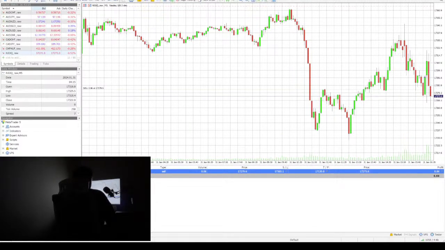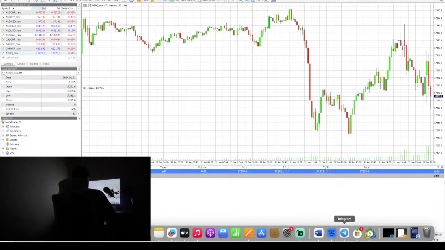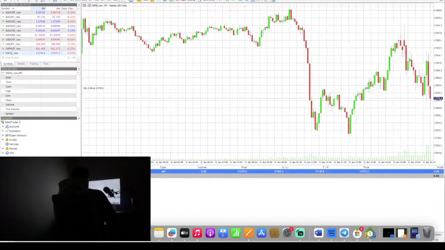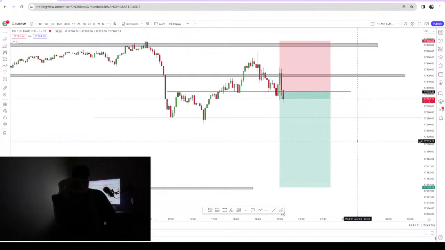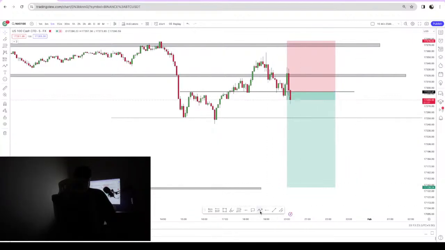All right, so we have placed our orders. We have taken the trade. It is properly from our analysis that we took. That it will reject. It will come for a retest, an engulfing candle.